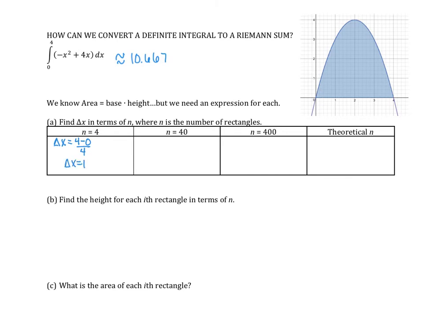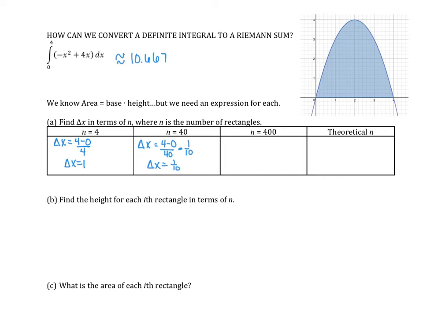Or if we did 40 rectangles, I'm not going to ask you to draw 40 rectangles, you're welcome on that one, but we could, because we know that the more rectangles we draw, the more accurate we get. That would still be 4 minus 0 divided by 40, or 1/10. So my delta x is 1/10.